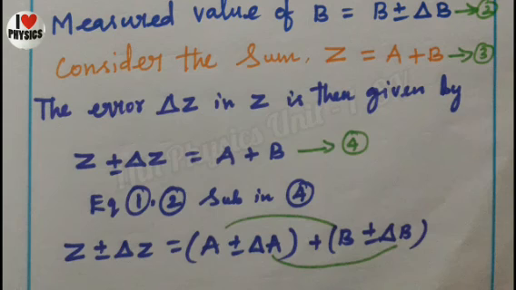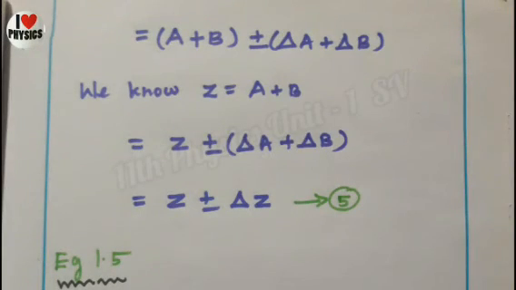Then Z plus or minus del Z equals A plus or minus del A plus B plus or minus del B. Next, added to the same variable, so A plus B plus or minus del A plus del B.